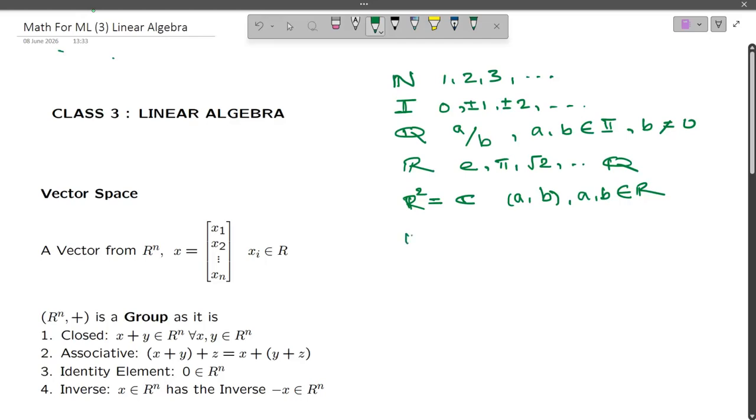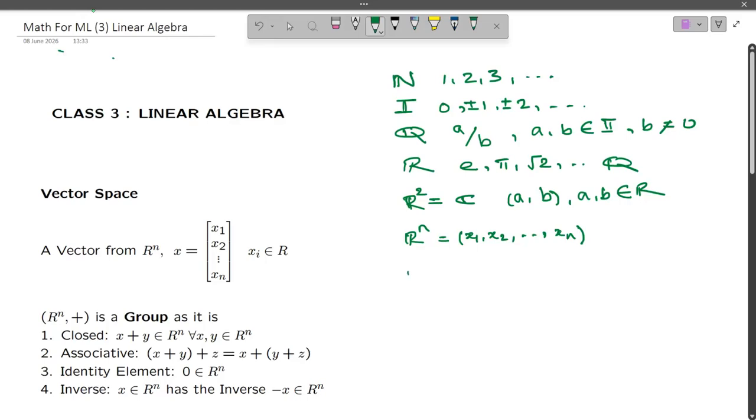Then the natural extension is Rn, where we are talking of vectors from Rn, and that looks like the n-tuples x1, x2, ..., xn. That's a point in Rn.